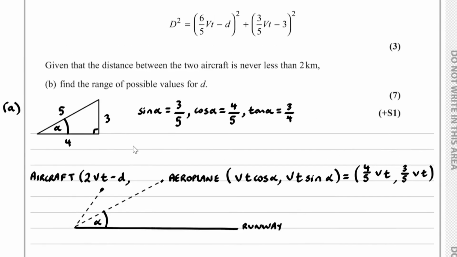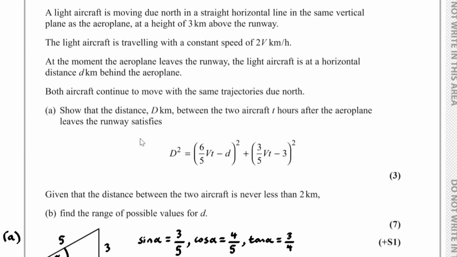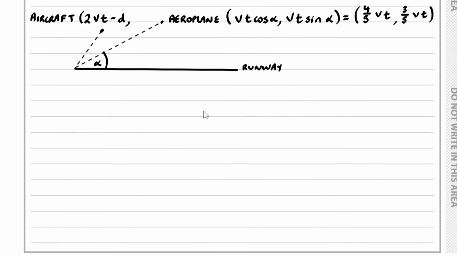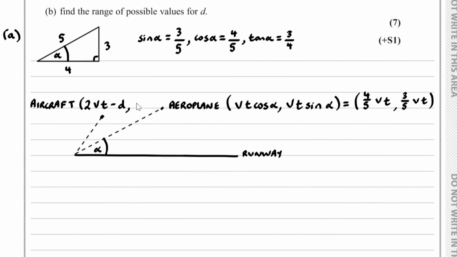And then the y coordinate, well, what we also know is it's 3 kilometers above the runway, so the y coordinate is 3. So this is essentially what's going on, and we need to find out the distance between them.